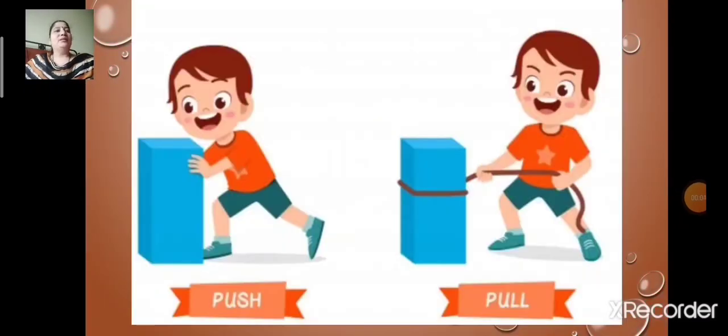Push, pull. This boy is pushing this box and this boy is pulling this box with the help of a rope. P-U-S-H, push, and P-U-L-L, pull, are opposite to each other.